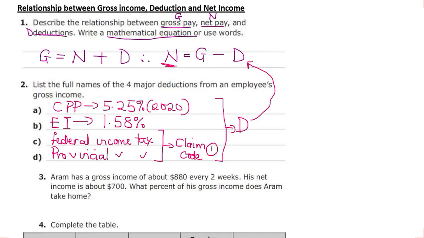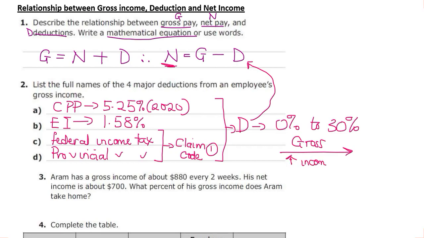This is pretty much, I would say, 0% to 30% of your gross income that's usually taken away, and this increases in percentage relative to your income. So the higher your gross income, the more percentage is taken away from it in order for you to get your net pay at the end.